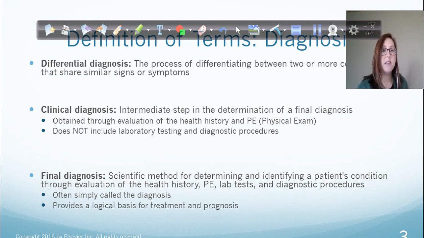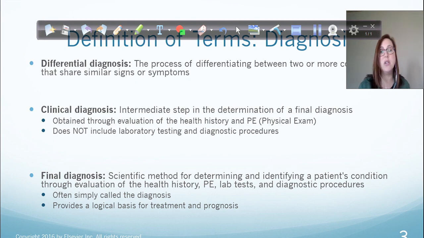Clinical diagnosis, this is an intermediate step in determining the final diagnosis. So it's obtained through evaluation of the health history as well as the physical exam. So collecting that information about why the patient is in the office is important, and then the physician examining the patient.